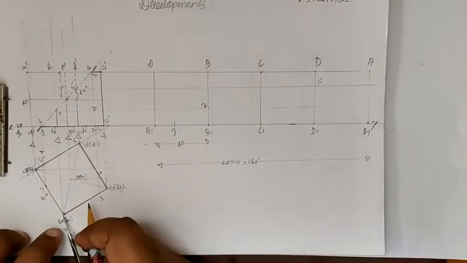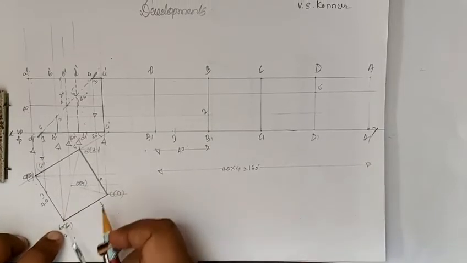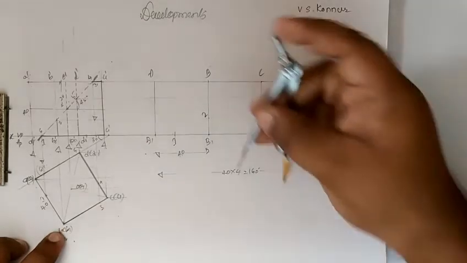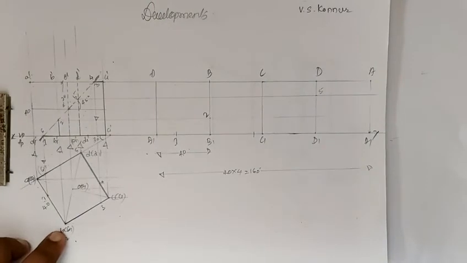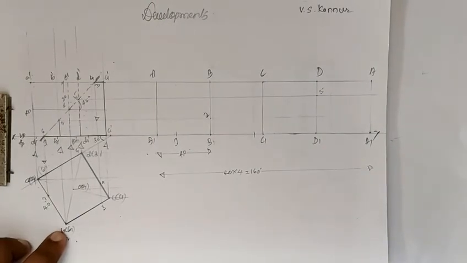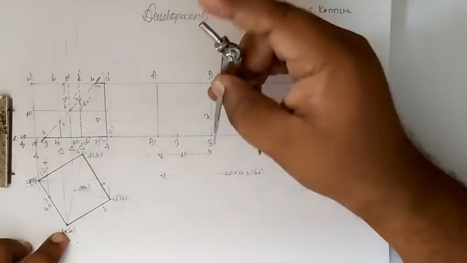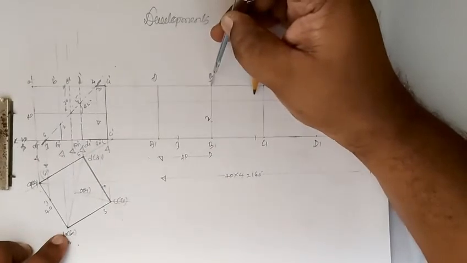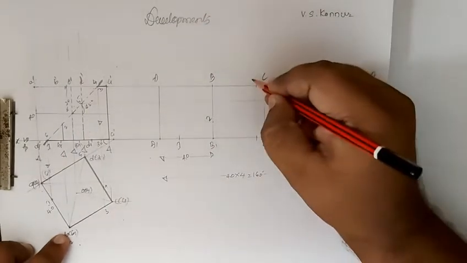Third, from B1 only again I will take this distance. Again we'll cut it from B1 on C1. Sorry, the third point is at the top, not at the bottom. So the third point we'll have here, not at the bottom face. So the third point is here.